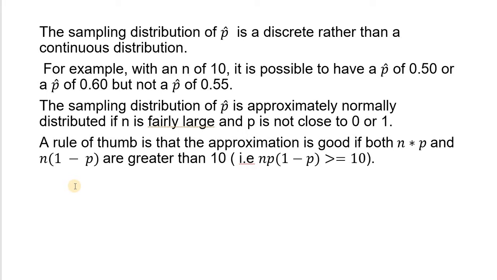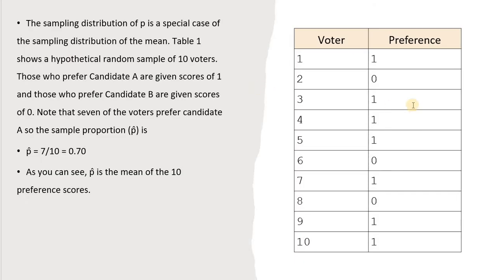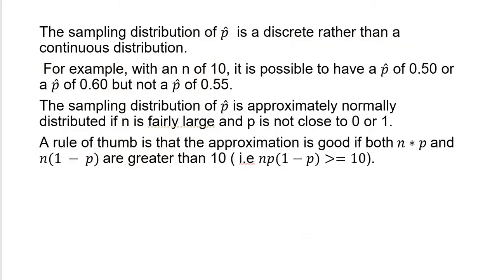For example, with n equal to 10, it is possible to have p hat equal to 50% or 60%, but it is not going to be 0.55. Because if you return to this example right here, what is the chance of getting 0.55 if you can only have 5 out of 10, you can't have 5.5? So that is why it is considered a discrete distribution. It is not a continuous distribution.